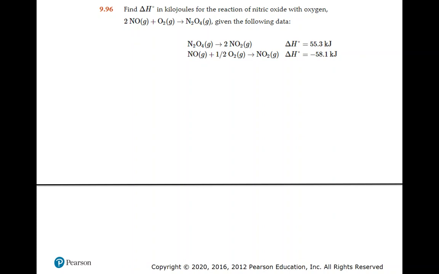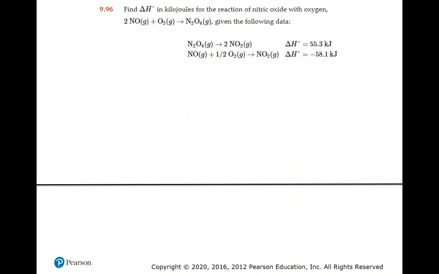Now, they tell us that we have standard enthalpy changes for a couple of reactions there. One is for the dissociation reaction of N2O4 gas into 2 molar equivalents of nitrogen dioxide, NO2 gas, and that has a standard enthalpy change of positive 55.3 kilojoules.